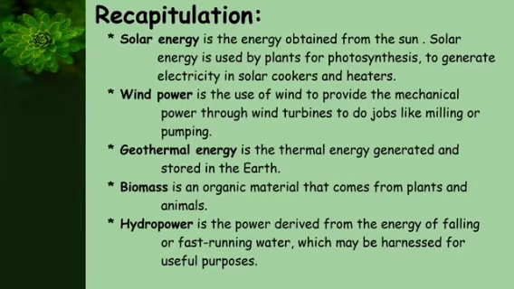Children, if you remember, we also dealt with renewable resources in detail. So, amongst that, solar energy. Solar energy is the energy obtained from the sun. Solar energy is used by plants for photosynthesis and to generate electricity in solar cookers and heaters. Wind power is the use of wind to provide mechanical power through wind turbines to do jobs like milling and pumping.